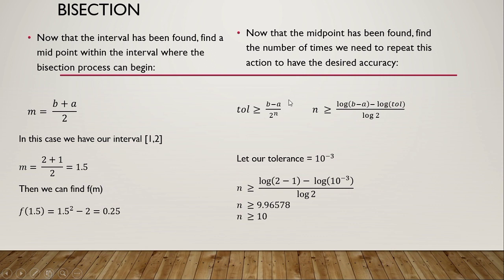If you've not been given a tolerance but you've been given the number of times you have to do this, then to find the tolerance you just use this formula. If you plug this exact equation into your calculator, you will get a value of 9.96, which is approximately 10.